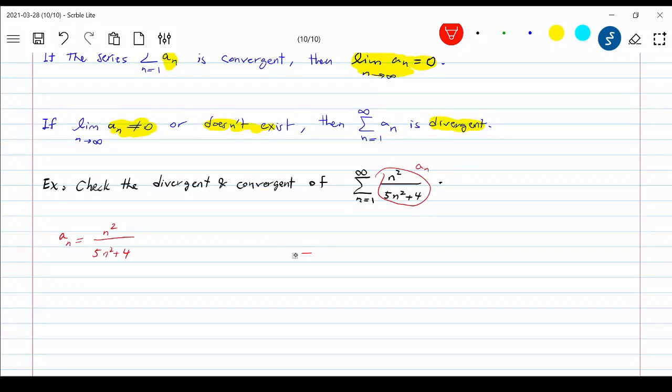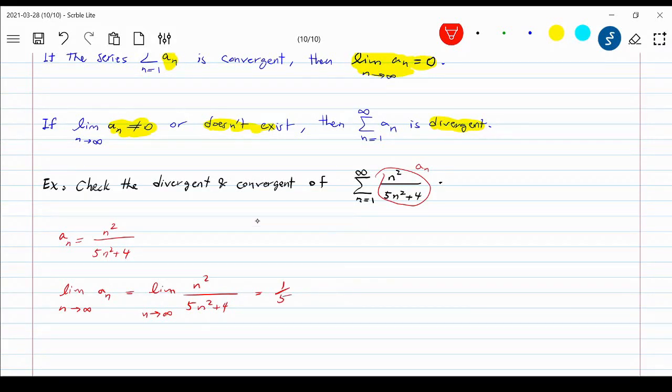So let's figure out the behavior of an as n approaches infinity. It would be the limit of n squared divided by 5n squared plus 4. Again, you can divide everything by n squared, simplify, and you will see that this is simply 1/5.